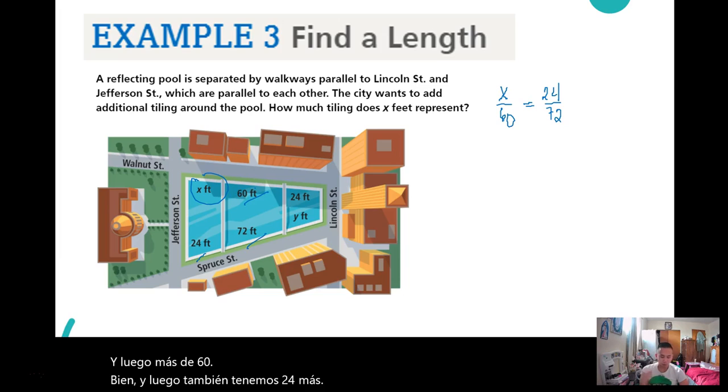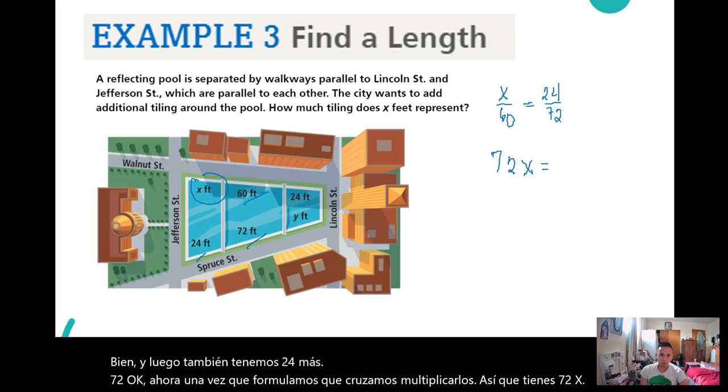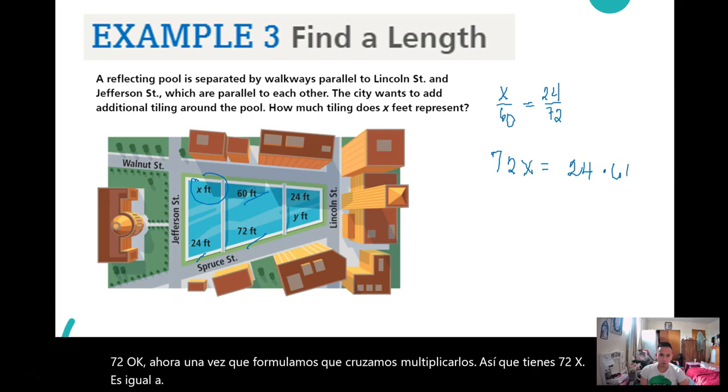Once we formulate that, we cross multiply them. So you have 72x is equal to 24 times 60.